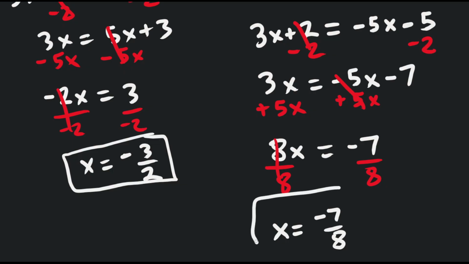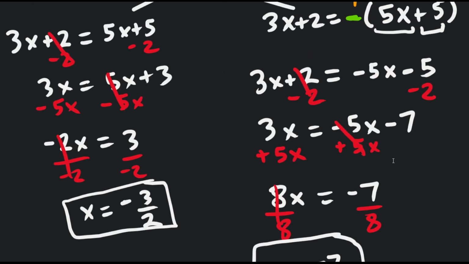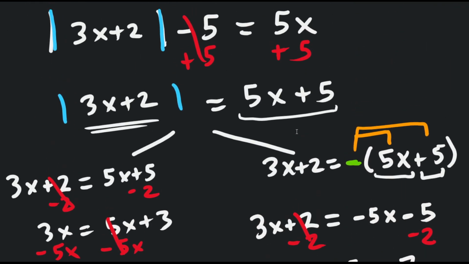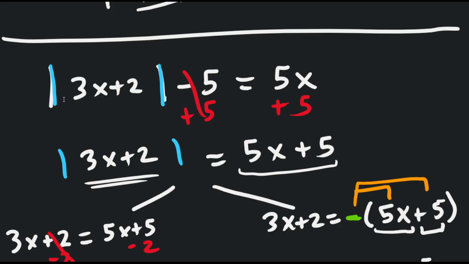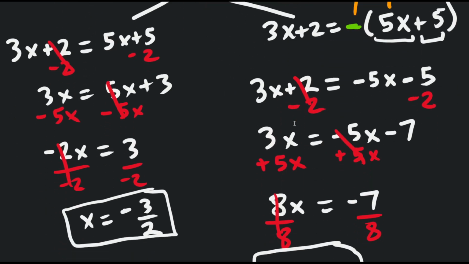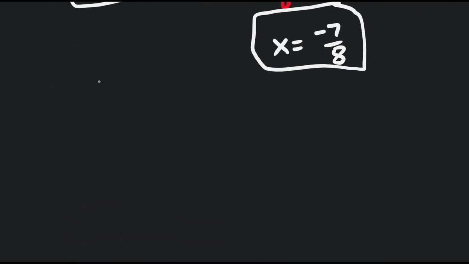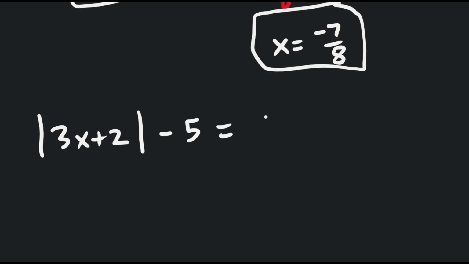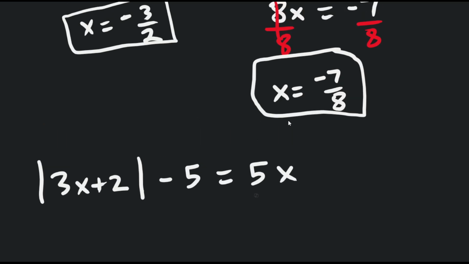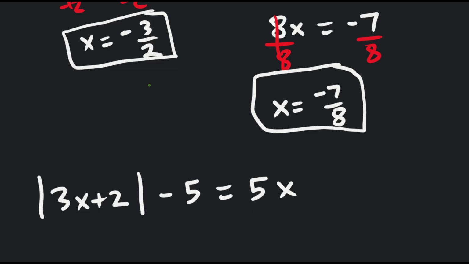Great. Now let's test both of these solutions and see if any of them are extraneous. So again, what's our original problem? The absolute value of 3x plus 2 minus 5 equals 5x. So let's write that down here. Let's test this one first, negative 3 over 2.